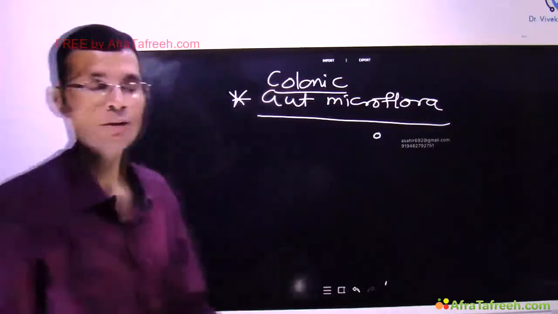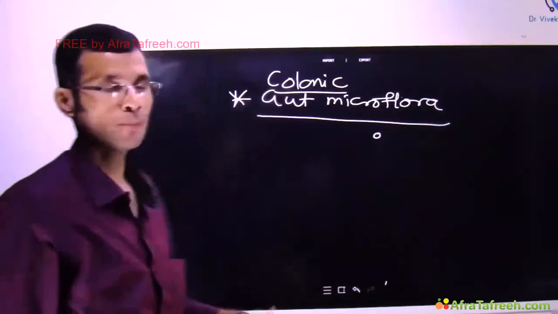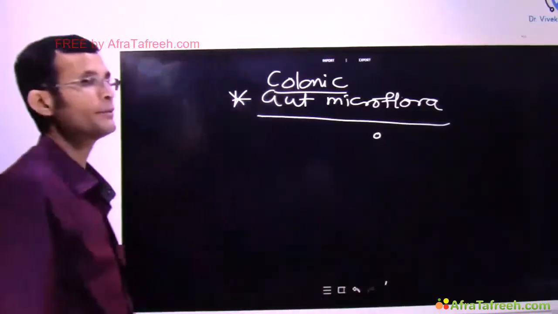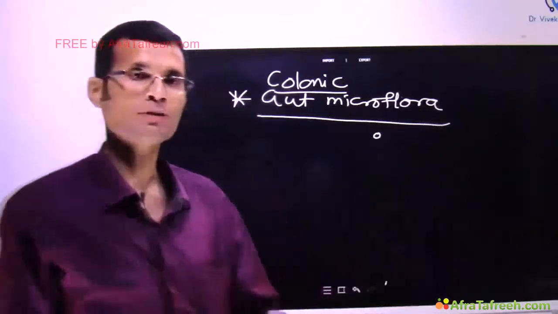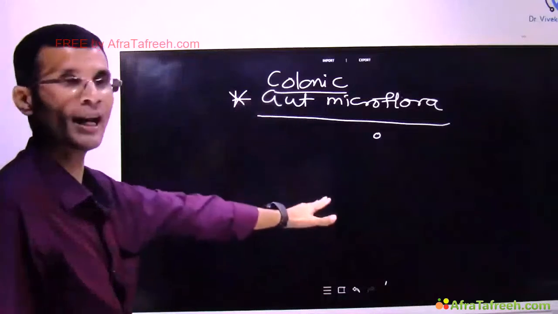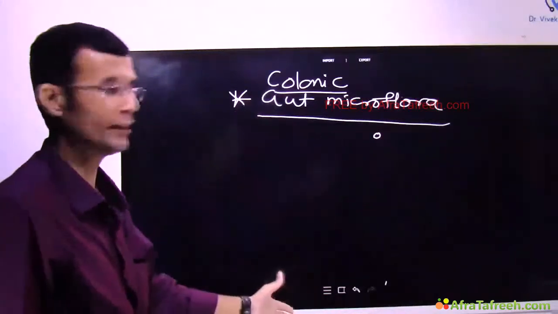Microflora of the colon synthesizes and absorbs these substances. Well, instead of MCQ, let me just mention all those substances. Colonic microflora will synthesize these substances and they are also absorbed after that.